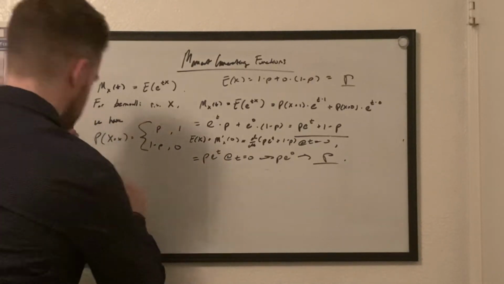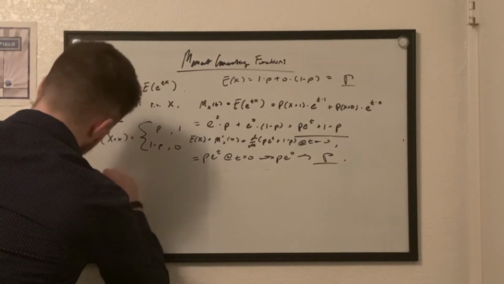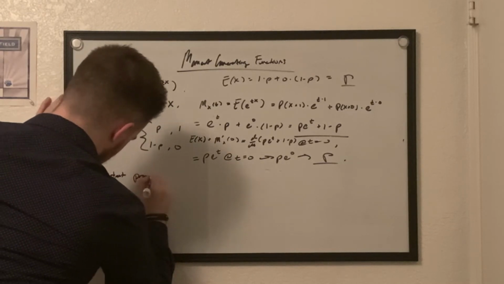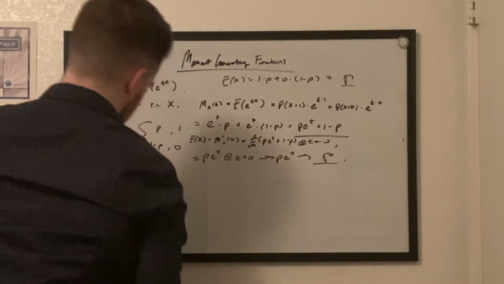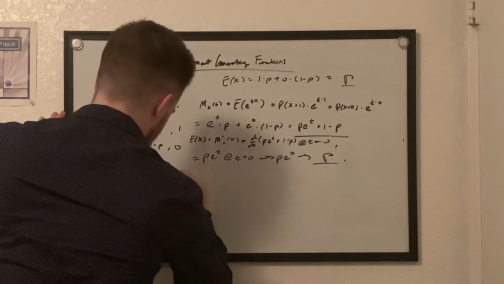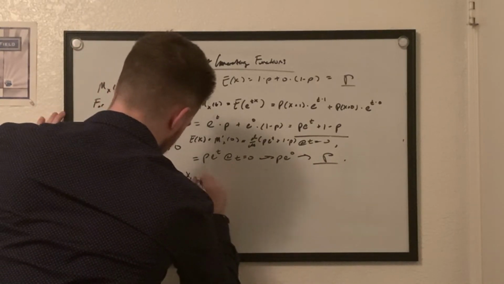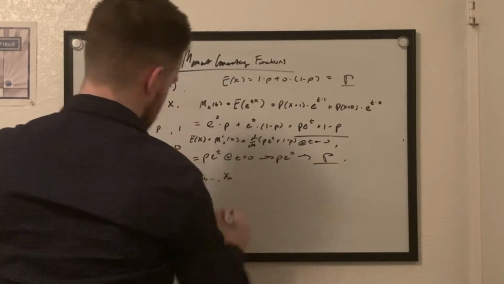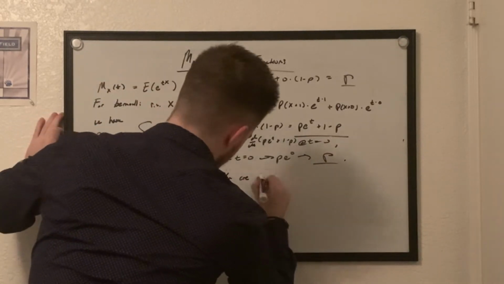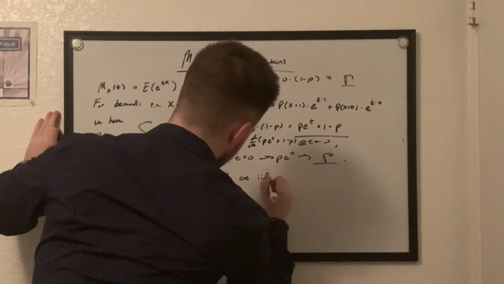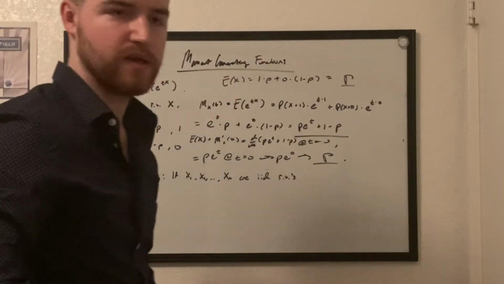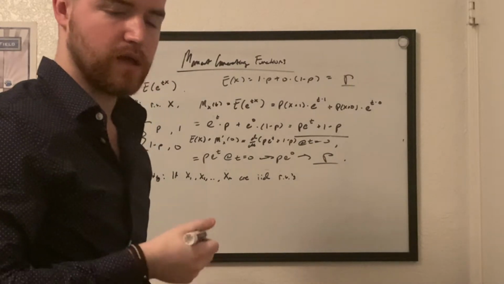So, an important property: if X1, X2, all the way to Xn are IID random variables, which just means they are independent and identically distributed.